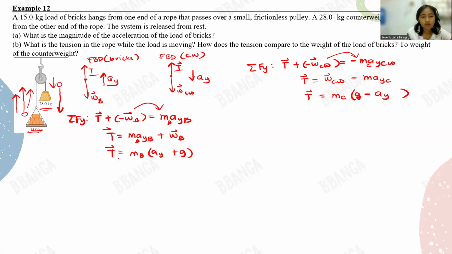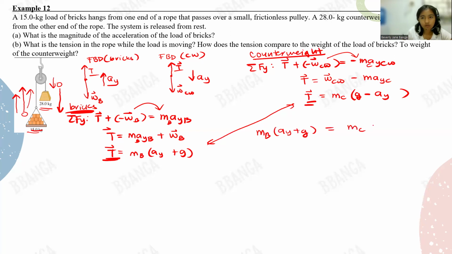So, ibig sabihin, since equal yung tension na to, yung dalawang to, again sa counterweight to, counterweight. Ito naman ay sa bricks. So, since equal tong dalawang to, pwede ko silang i-equate. So, I have mass of bricks times AY plus G is equal to mass of the counterweight times G minus AY.